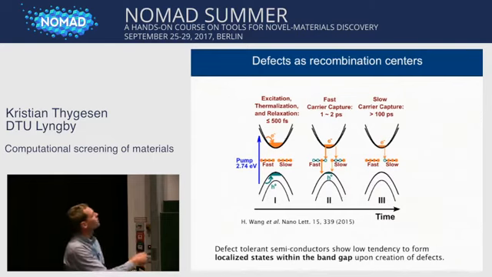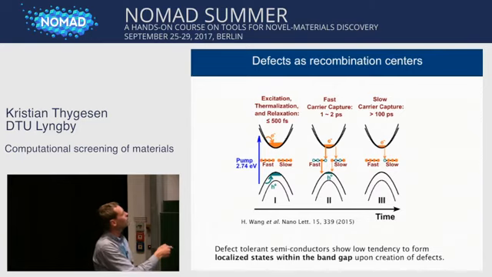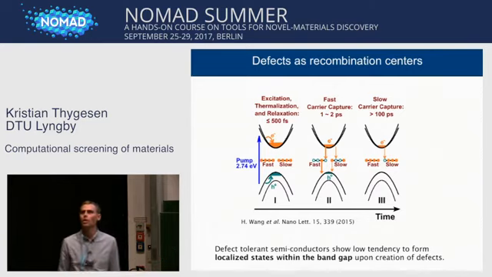Here you can see an illustration, just a cartoon of what happens if you photo-excite carriers. So very quickly, these carriers will relax in the conduction band and the valence band to form some quasi-equilibrium distribution. But then after a few picoseconds, those electrons and holes will start to recombine non-radiatively through defect states in the band gap.